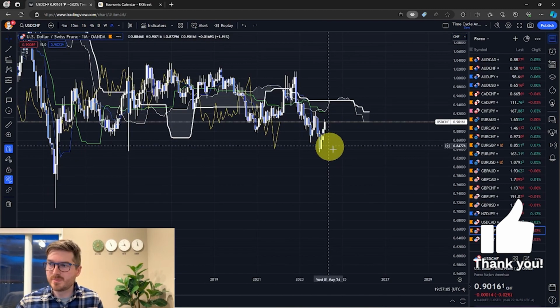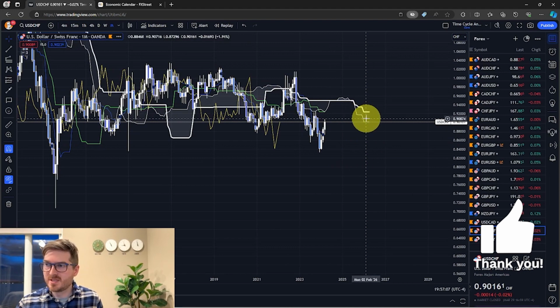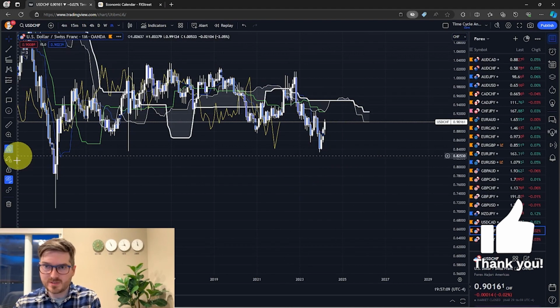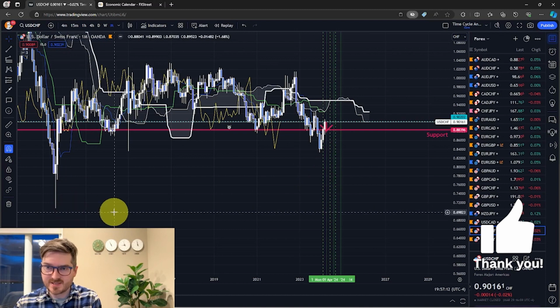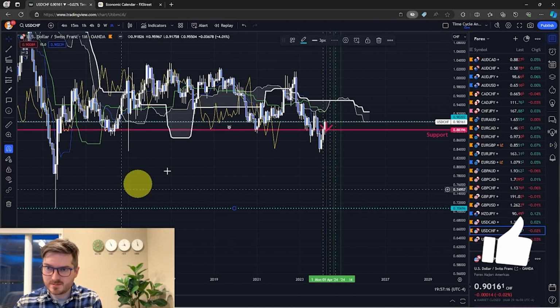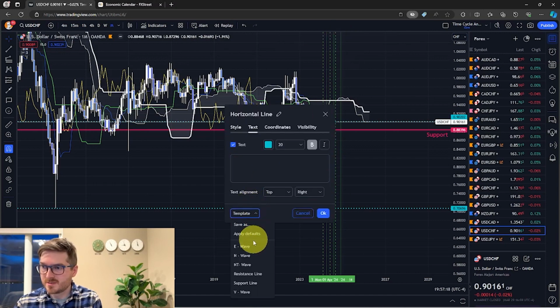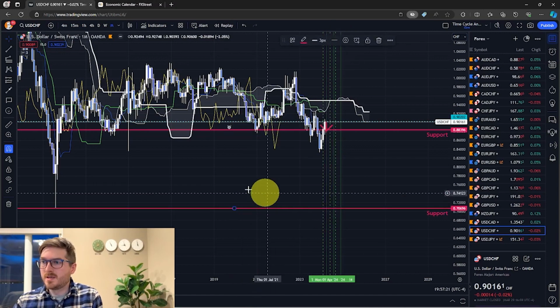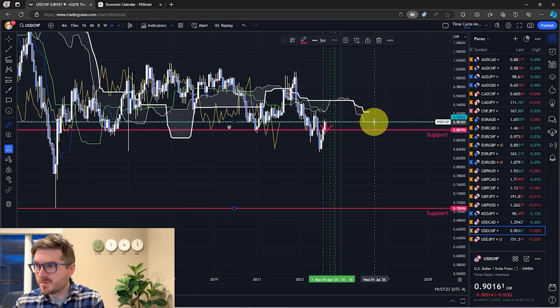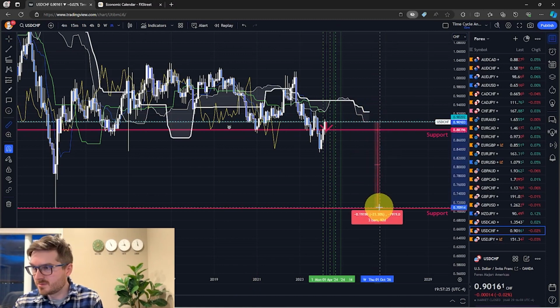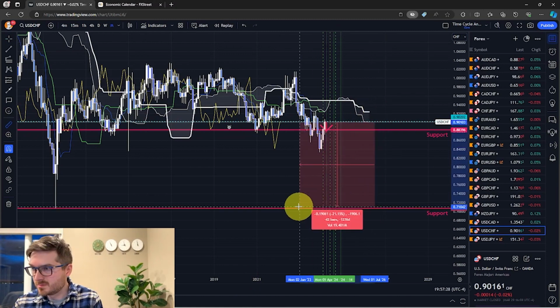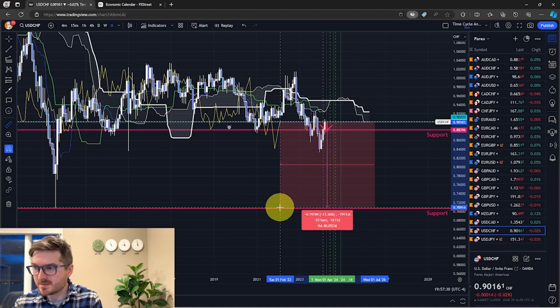And so I would expect that this is the beginning of a bear trend, and we could be ready to even head back down to this level here, which is quite a lot of space. Let me put this in. From the current price level to down there is, wow, that's 21%.